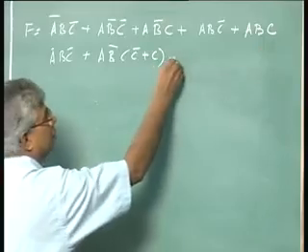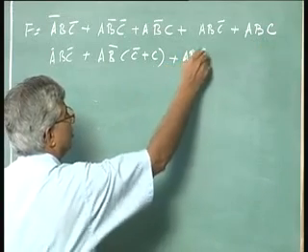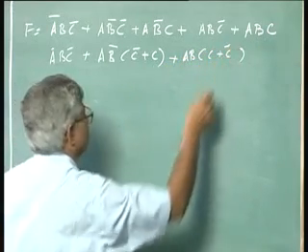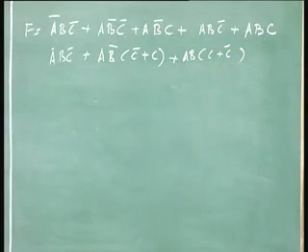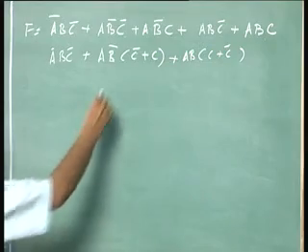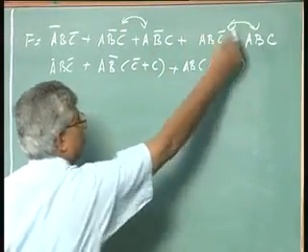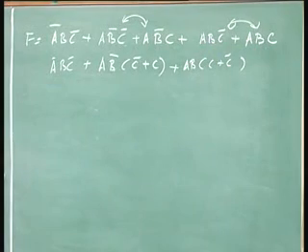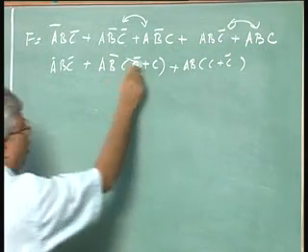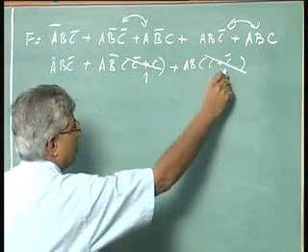Similarly, right? So I am combining these two terms and combining these two terms. So knock off this, C plus C bar is 1. Knock off this, C plus C bar is 1.